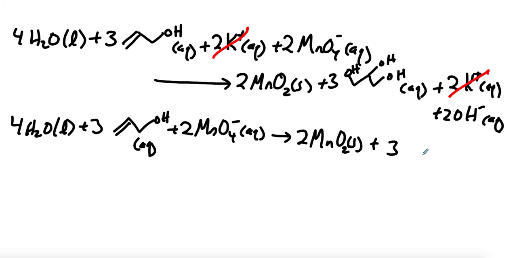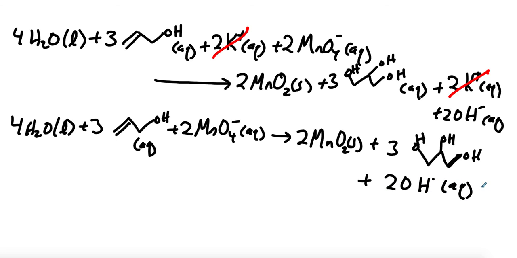We've got 3 of this compound here. Okay, that's supposed to be like that. Very good. You might recognize this molecule, it's glycerin. And we've got 2 of the hydroxides. So you get the idea. This is a net ionic equation, where we've canceled the spectator ions.